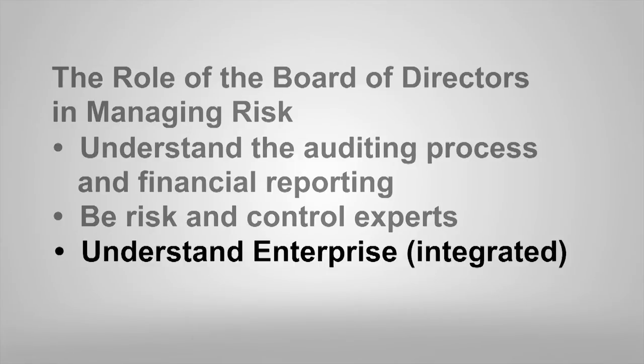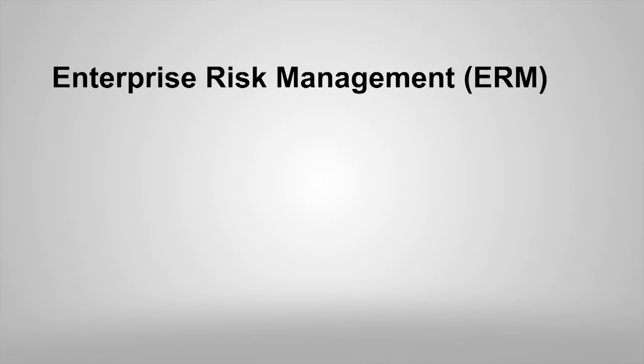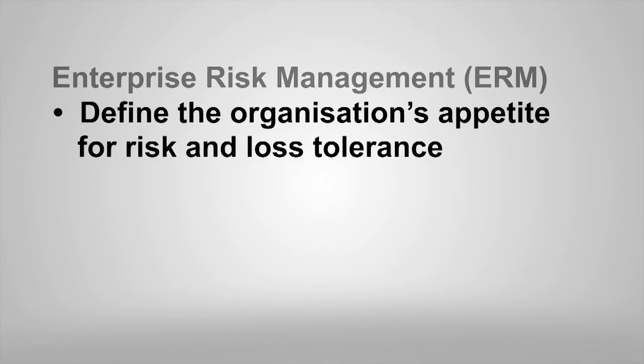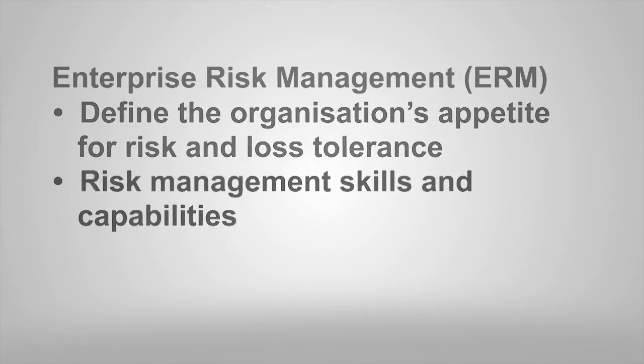Let us now look at enterprise risk management within the organization. We begin at the top and look at corporate direction. Top management fulfilling its responsibility to define the organization's appetite for risk and loss tolerance. Ensuring that the organization has the required risk management skills and capabilities.